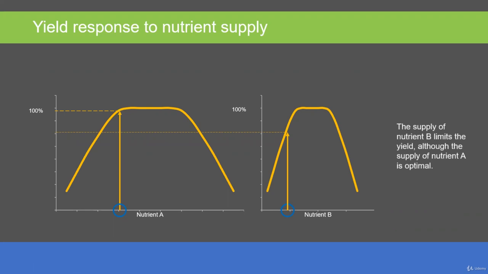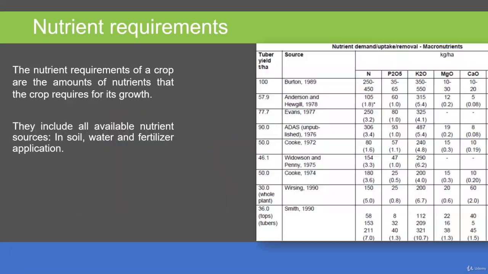So in this case, the supply of nutrient B limits the yield, although the supply of nutrient A is optimal. So that's why fertilizer management might be complicated, because we have to balance all plant nutrients.